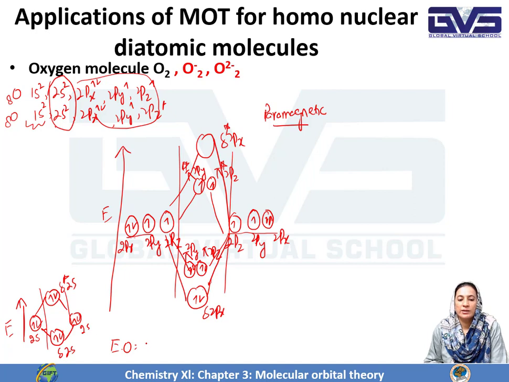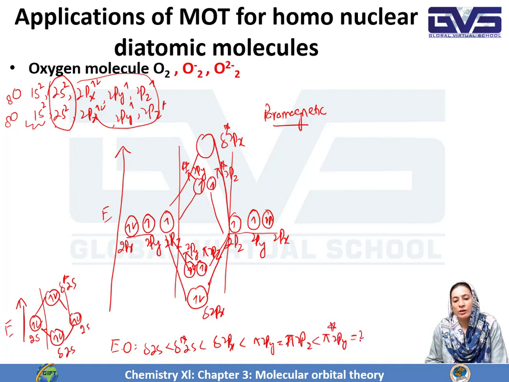First write the lower energy: sigma 2s less than sigma star 2s less than sigma 2px less than pi 2py, which is equal to pi 2pz, less than pi star 2py equals pi star 2pz, and it is less than sigma star 2px.